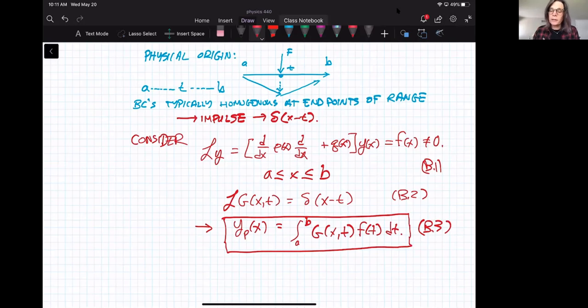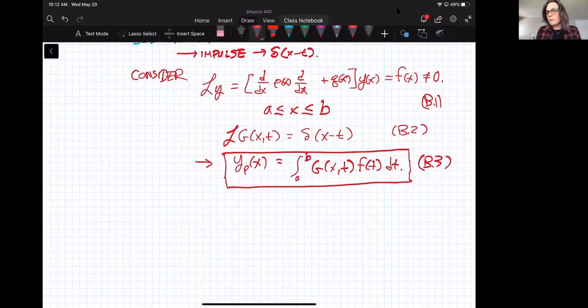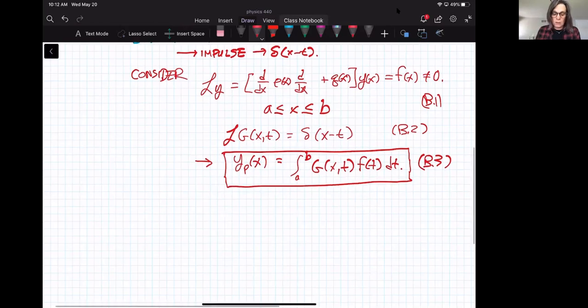The whole point behind a Green's function, or the Green's functions, is to solve the non-homogeneous differential equations. And the way you solve it is identifying what this impulse is, and then this Green's function times that inhomogeneous part in the integral. And if that turns out to be an integral that you can solve, great, it gives you that particular solution.